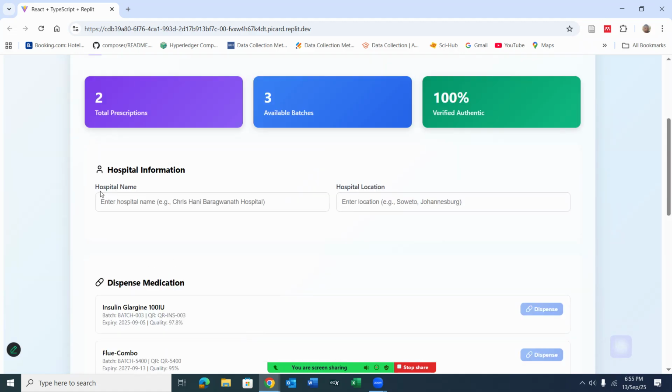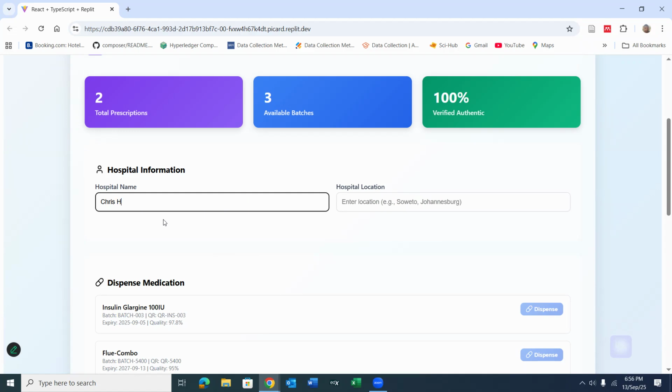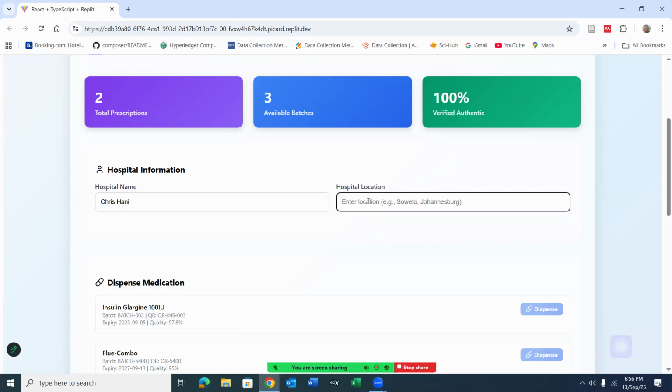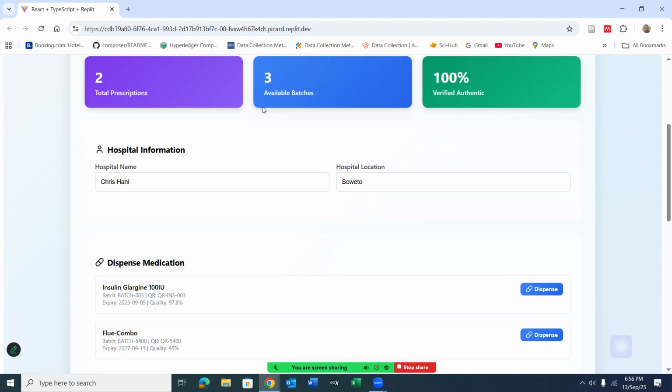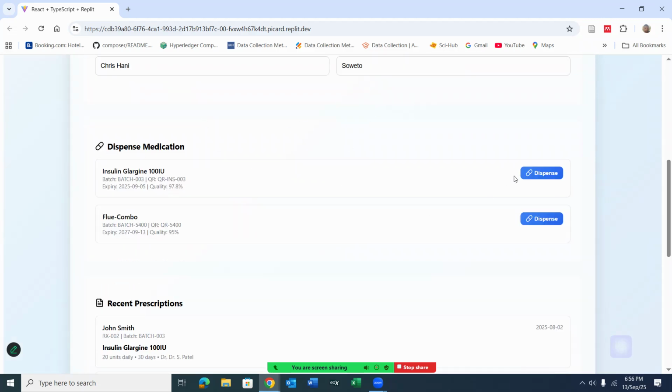So now let's say the hospital name is Chris-Ani. Let's use the one that is there as an example. Chris-Ani hospital, location in Johannesburg, Soweto, Johannesburg. So now they can interact with the system, right?